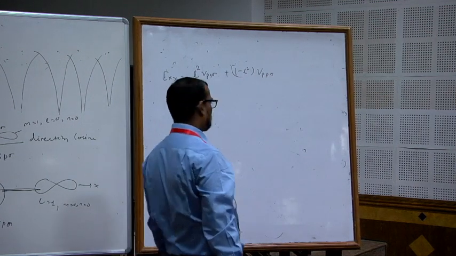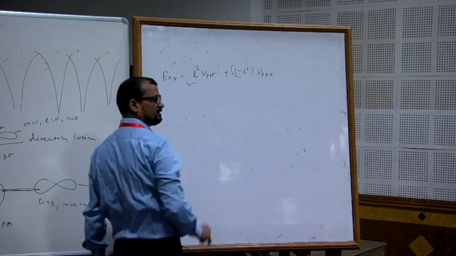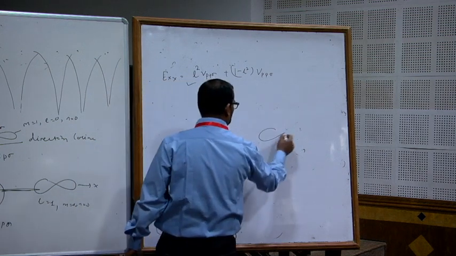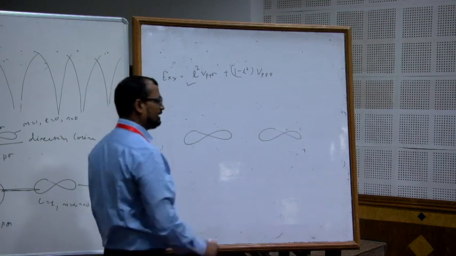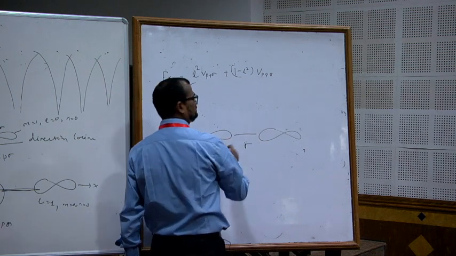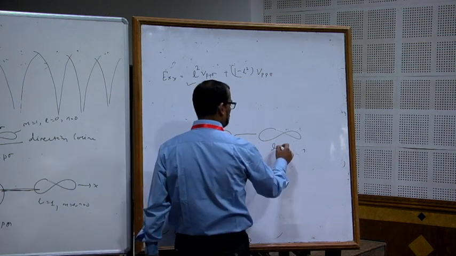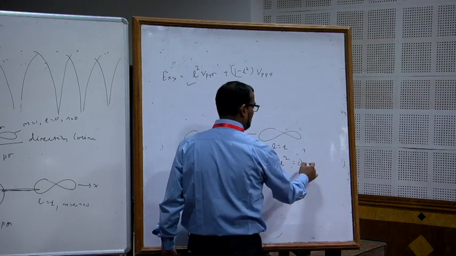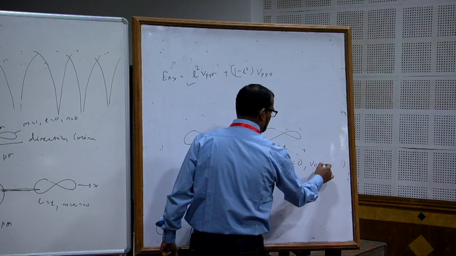A little while before, I was just talking about this. I said that if I have two p_x orbitals lying along this axis, it is a purely sigma interaction. Your L is equal to 1, therefore 1 minus L squared is equal to 0, hence the E_ppπ contribution goes to 0.